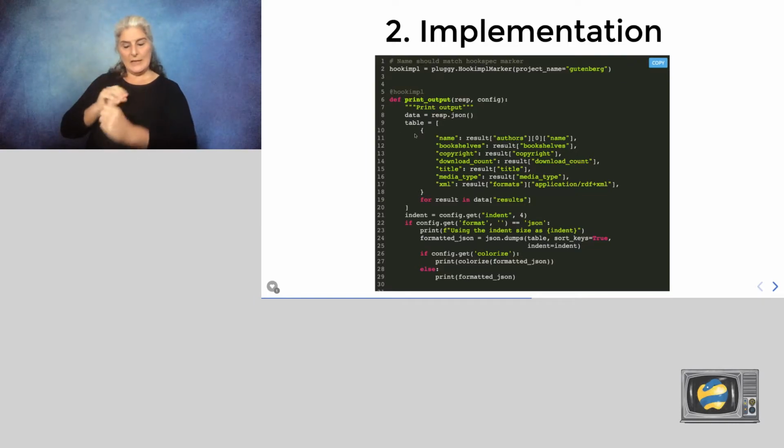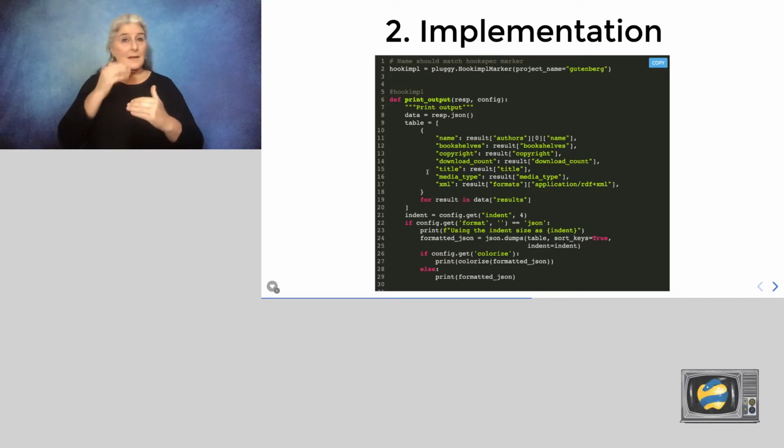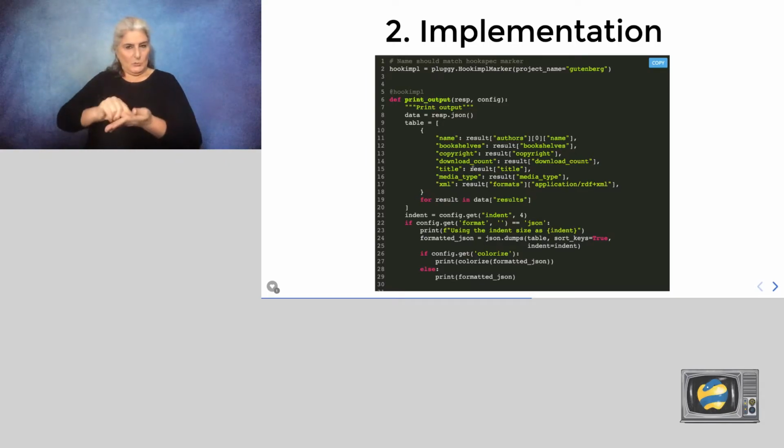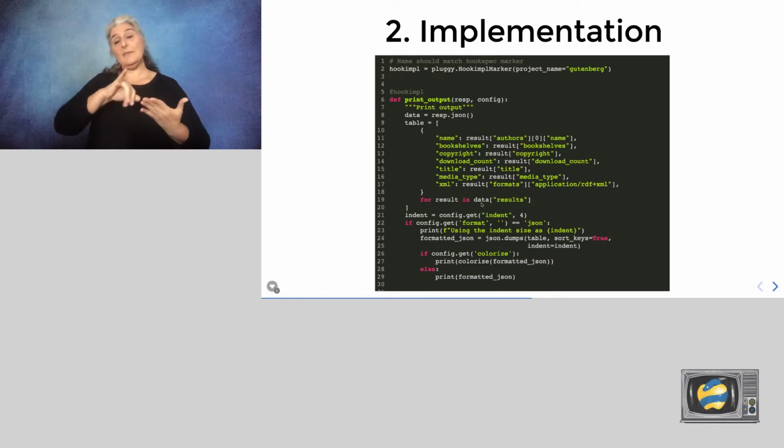Now let's look at what the implementation details actually are. First, we get the response JSON and the data. Next is figuring out what data needs to be printed. In this case, we convert the JSON data into a list of dictionaries with 7 keys in each dictionary.